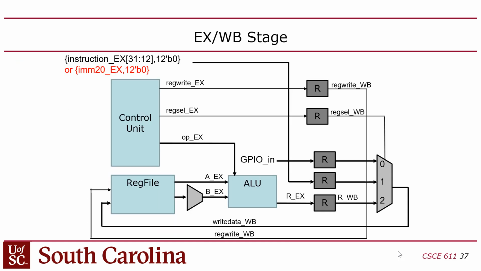So the reg-write will pretty much almost always be 1. But we still have to delay it by 1 cycle. So we have a reg-write EX. That's basically whether the instruction in the EX intends to write. And then reg-write write back is if that instruction is actually writing when it gets to the next cycle, 1 cycle in the future. Okay? So that register will provide that delay.